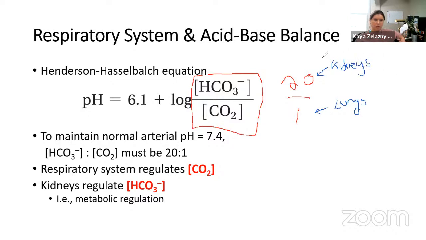So we refer to this kidney part, by the way, as metabolic regulation. We'll come back to that when we talk about the direct role of the kidneys, but maybe I'll just type it on while we're here. So when we're talking about the lungs, we're talking about respiratory regulation.